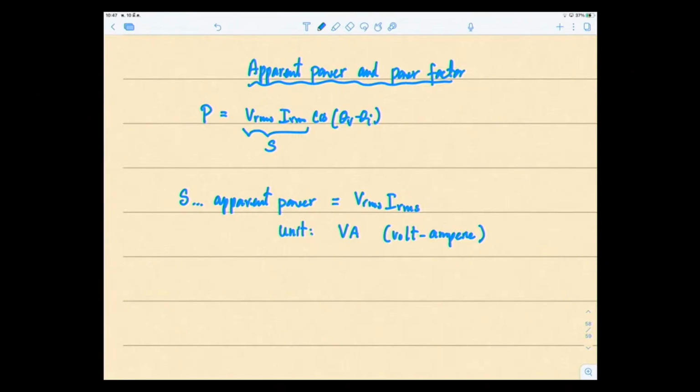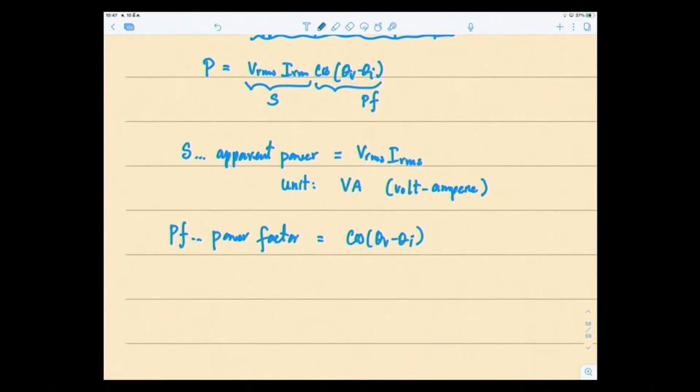The second term here, cos(theta V minus theta I), is called the power factor, PF. So PF is the power factor, and it's equal to cos(theta V minus theta I).